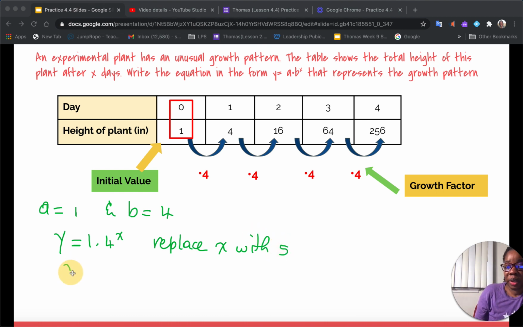Our equation will now be y equals 1 times 4 to the fifth power. And we know that our exponents represent repeated multiplication. So that is going to be y equals 1 times 4 multiplied by itself 5 times.